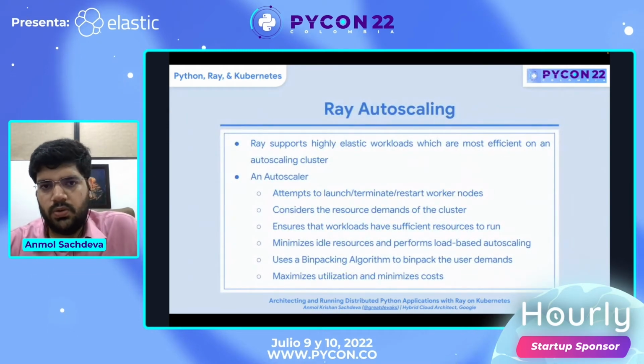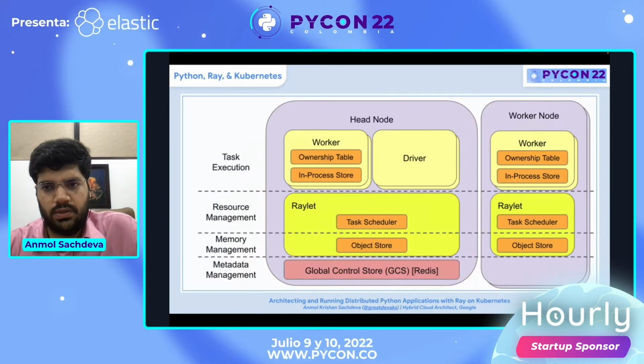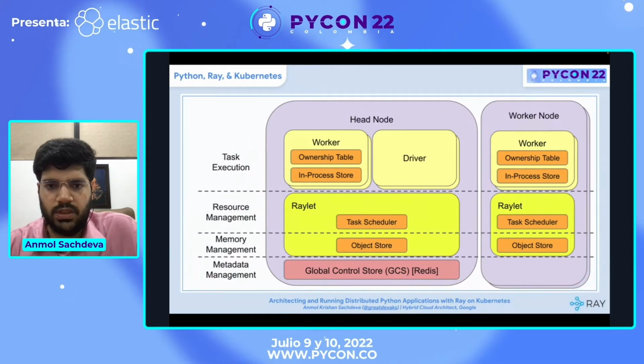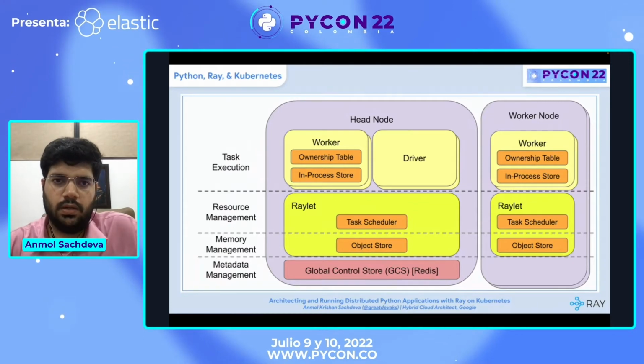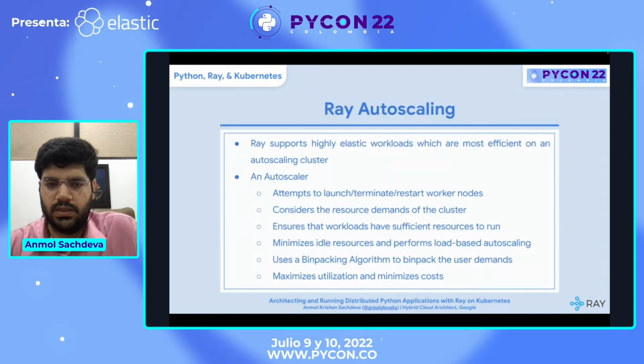So coming to Ray autoscaling, in the architecture which I showed, it didn't mention the autoscaling component because depending on how you implement your cluster autoscaler, the autoscaling component is placed accordingly.